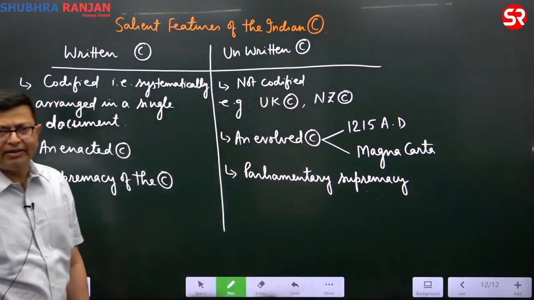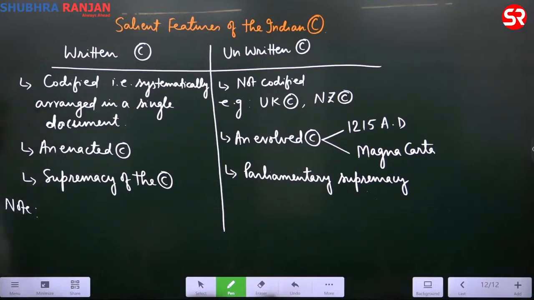There is parliamentary supremacy. So wherever the constitution is a written one, the constitution will be supreme. Why? You can write a note here.